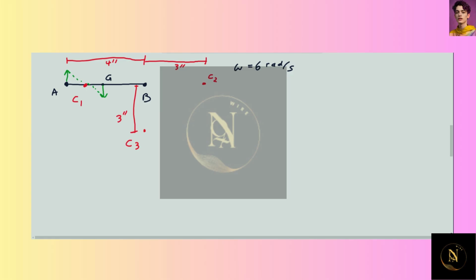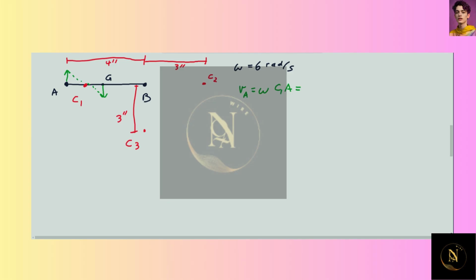So this one will be a little bit simple for us to figure out, because VA will just be omega times the distance between C1 and A. And that's just 1 inch away.